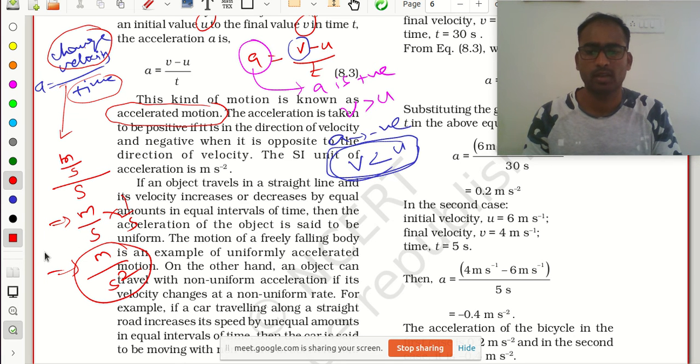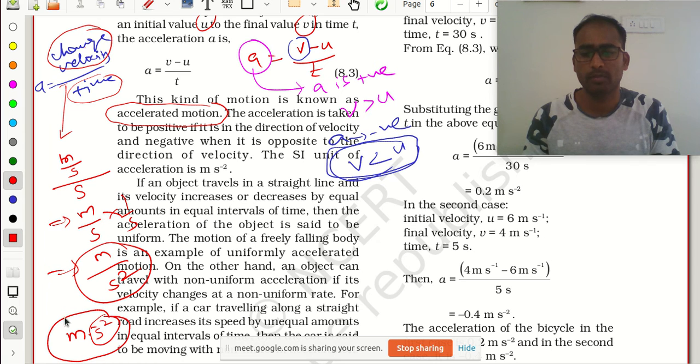This is the SI unit of acceleration. I can also write it as m s power minus 2. In mathematics you will learn inverse.